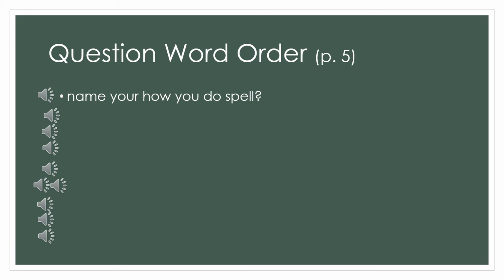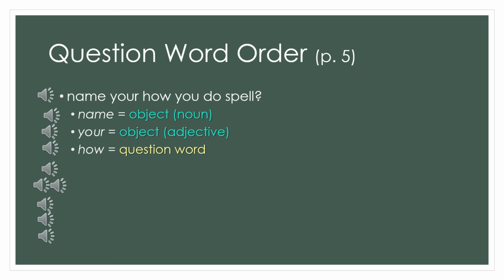Name, your, how, you, do, spell. Name is an object. It is a noun. Your is also part of the object. It is an adjective. Adjectives go before nouns. How is a question word. You is a subject.